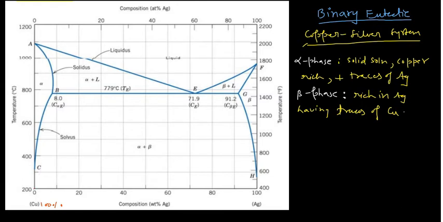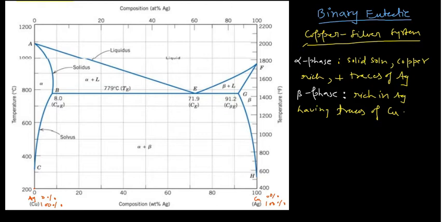At this particular point the copper is 100%, and of course when copper is 100%, silver (Ag) is 0%. And on the right hand side, silver is 100% and copper is again 0%. This you will remember.